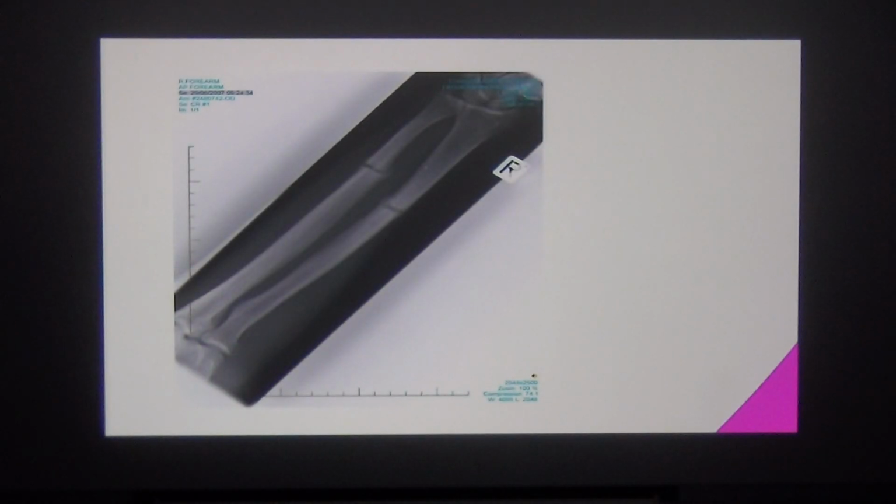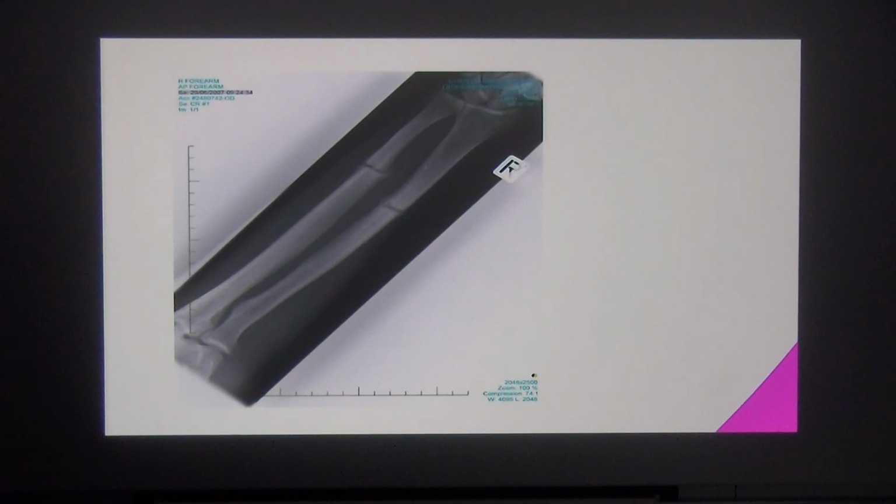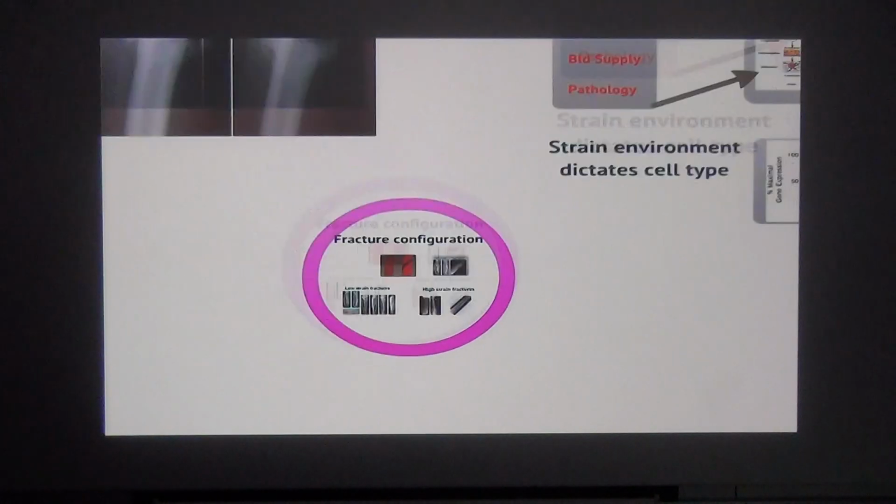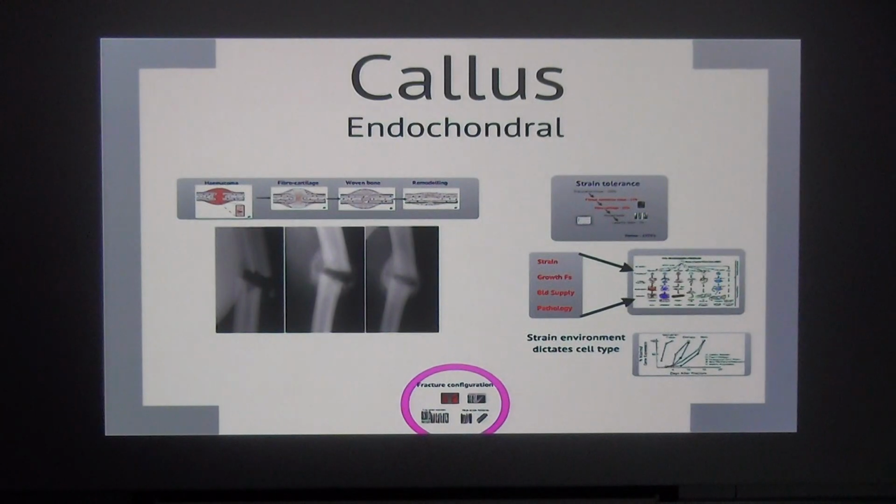And therefore, when you line it back up again, the periosteum on this side just starts laying down bone directly, intramembranous ossification. So it doesn't go through a cartilage middleman, it just lays down new bone, and suddenly you've got your stiffness back. So in kids' fractures, you've got both the endochondral bit with callus, but you've also got a lot more periosteal new bone growth. So that's callus.